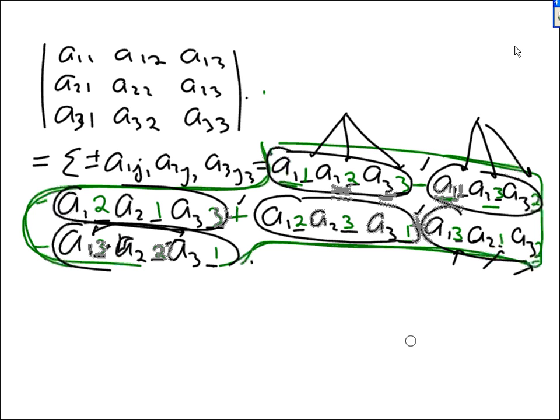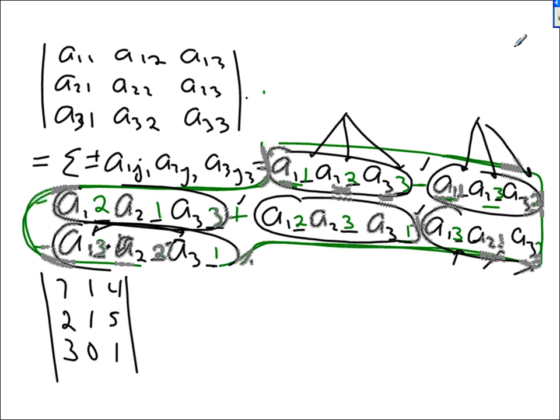So let's look at this from a more mechanical viewpoint, and let's see how you calculate the determinant of a 3 by 3 matrix using this spaghetti method. 7, 1, 4, 2, 1, 5, 3, 0, 1.